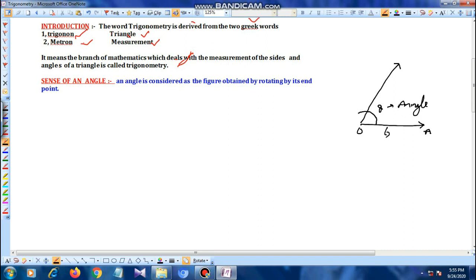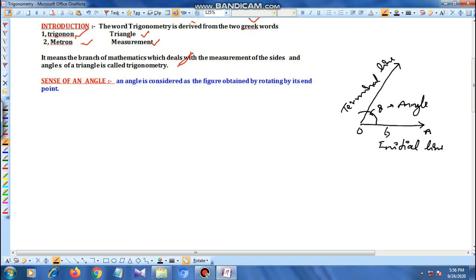So this is the initial line, and this is the terminal line, anti-clockwise rotation. Here there are two cases.